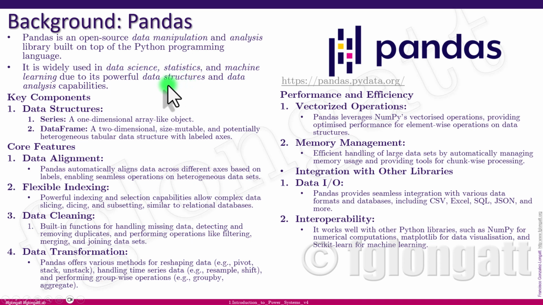And one of the important reasons for that is that Pandas is quite strong, quite powerful in terms of data structures and data capabilities. When I say data structure, it is because inside Pandas, we can use the classical Series, which is a one-dimensional array-like object, but more important is the DataFrame. DataFrames are extremely powerful because they are multidimensional, where the size can be mutated, can be changed, and also you can use different types of data inside the structure, and you can use also different types of labels for access.